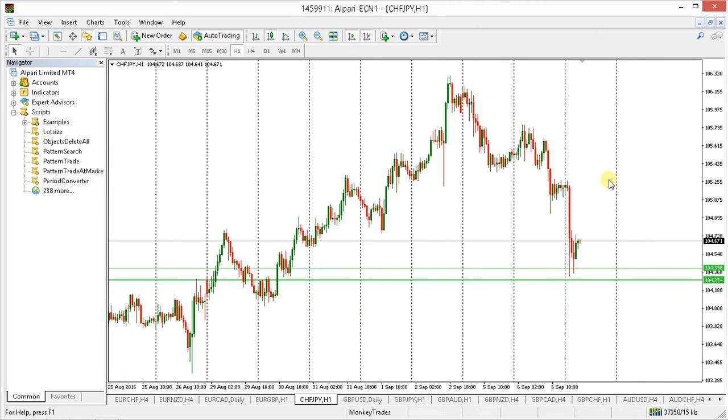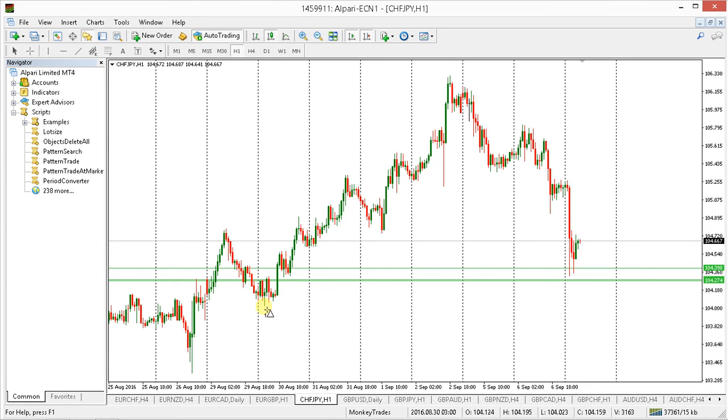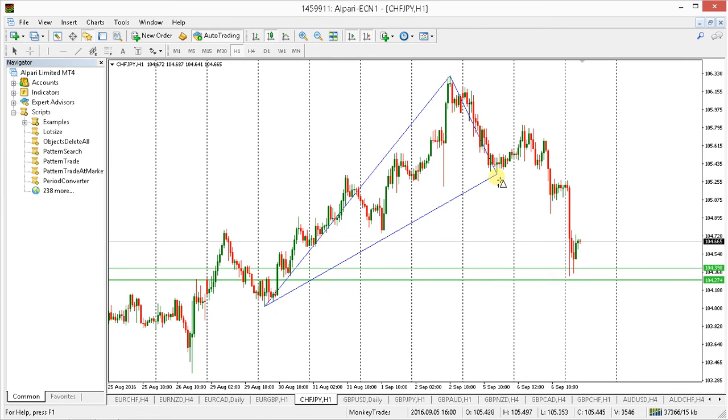Okay, let me draw the pattern with triangles if you don't see it in your imagination. X to A to B, B to C and to D. Actually, this pattern is completed.